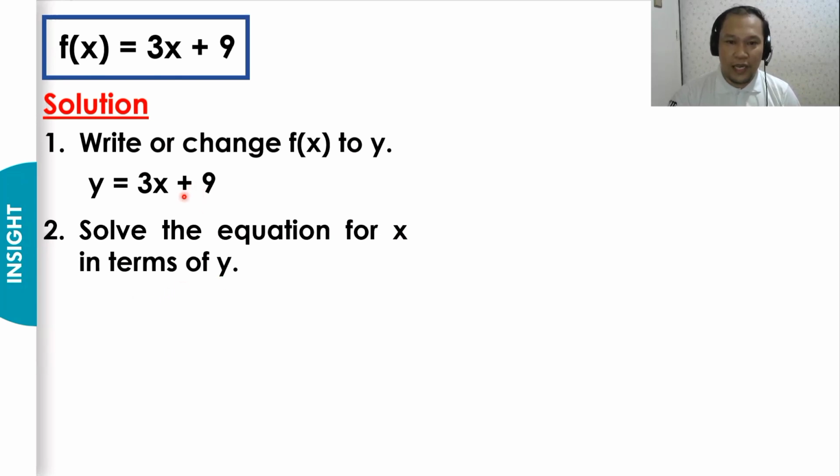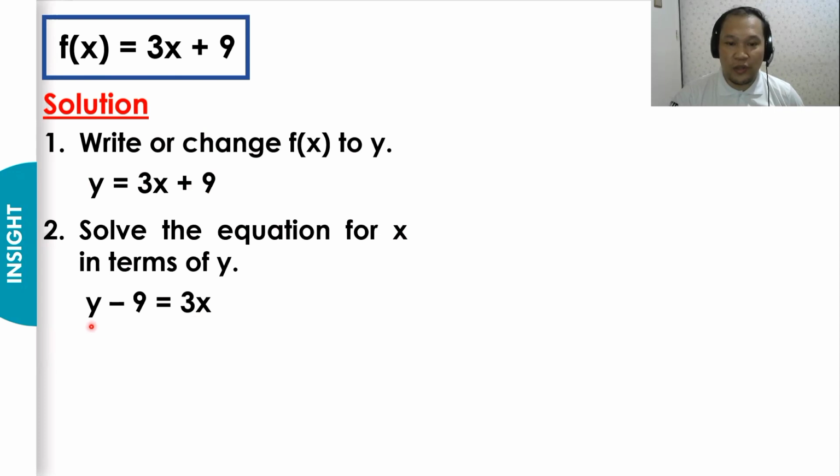Now here, the positive 9 will be transposed to the left side of our equation, and it will be y minus 9 is equal to 3x. From positive, it will become negative. Okay? Then, the numerical coefficient of our 3x is 3.